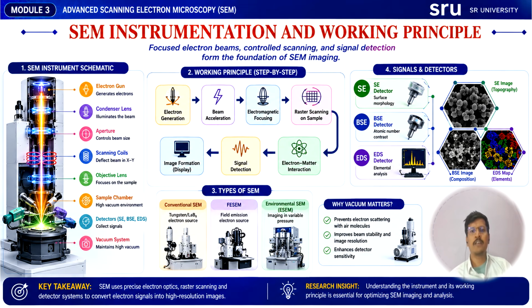At the top of the instrument is the electron gun, which serves as the source of electrons. It generates a beam of electrons that will eventually be focused on the specimen.